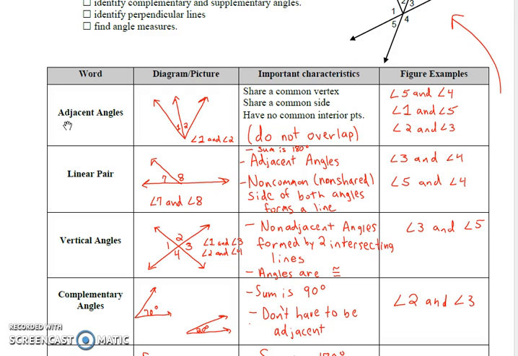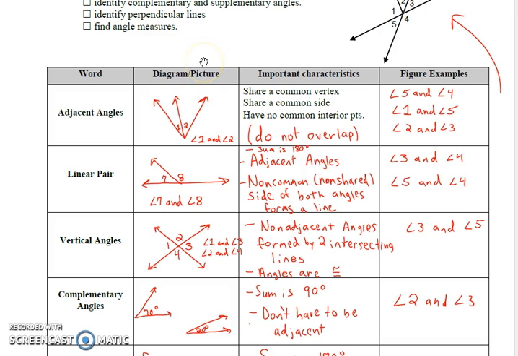Adjacent is next to. So if you look at angle 1 and 2, I have a big angle here. This big angle is composed of angle 1 and 2. Now, when I trace angle 1 and I trace angle 2, I notice two things. One of them is that they share this ray, so they share one side.